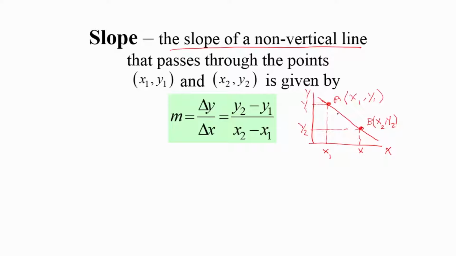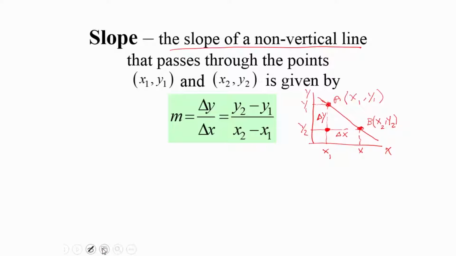So the slope of this line is rise over run. The rise, in this case fall, between A and B is this distance from here to here, which is change in y. And the run is measured horizontally as from here to here, which is change in x.